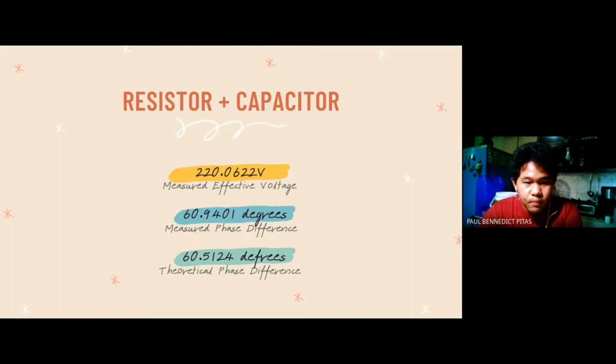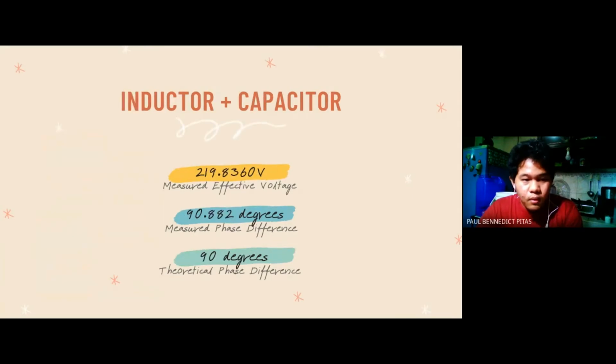So next slide, please. For the inductor capacitor series configuration, the measured effective voltage is 219.8360 volts. The measured phase difference is 90.882 degrees and the theoretical phase difference is 90 degrees, which yields a 0.9% error. Slide.